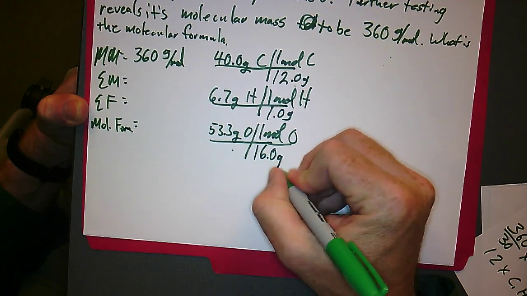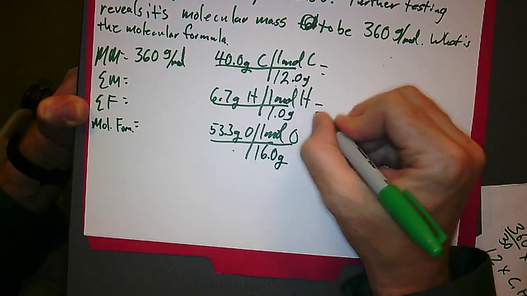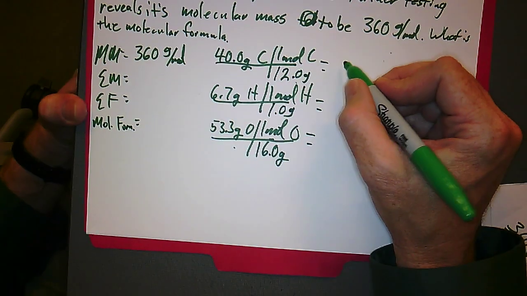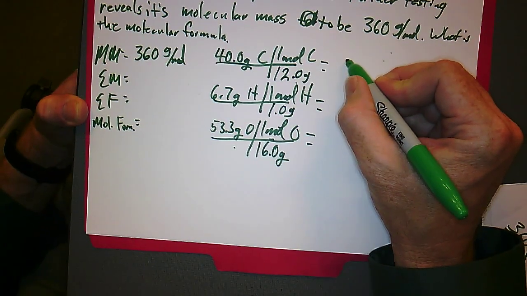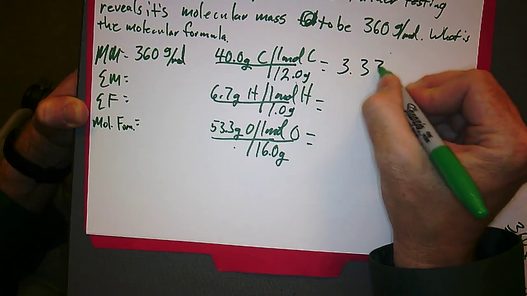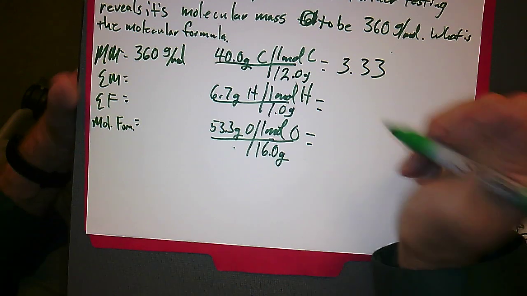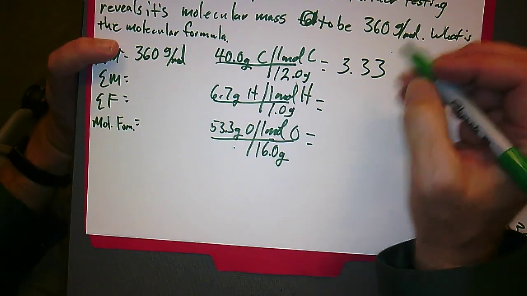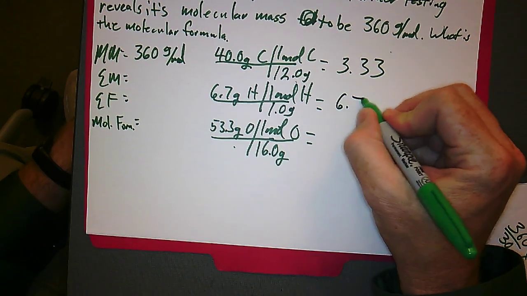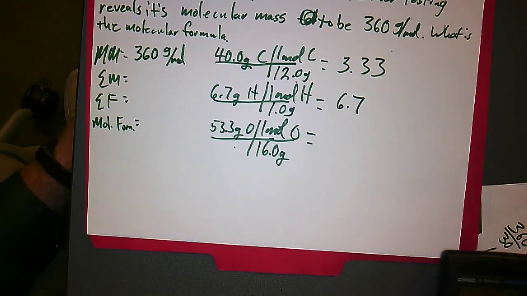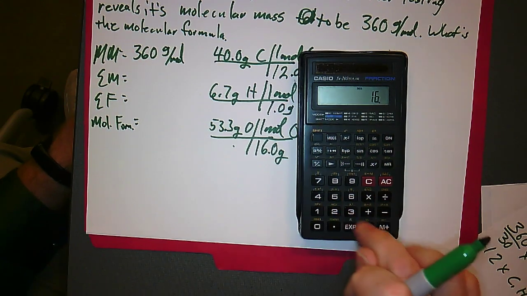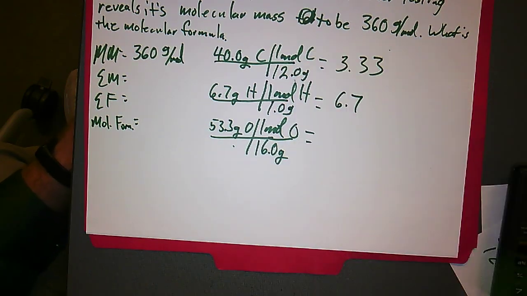So we're going to do some division. 40 times 1 is 40 divided by 12, which is 3.33. Is that what you guys got? Then 6.7 divided by 1 is 6.7. Then 53.3 divided by 16 is 3.33 again.